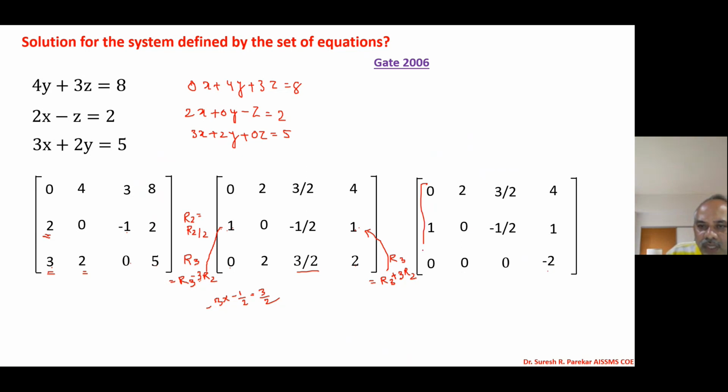Then we can say the rank of this matrix and the rank of this matrix are not the same. As the rank of A is not equal to the rank of B, we say this set of equations is not consistent, and therefore there is no solution.